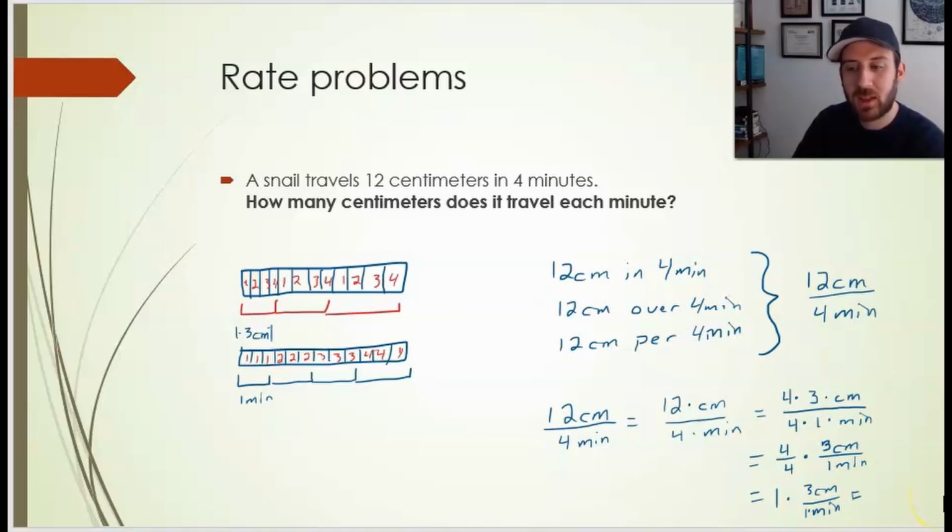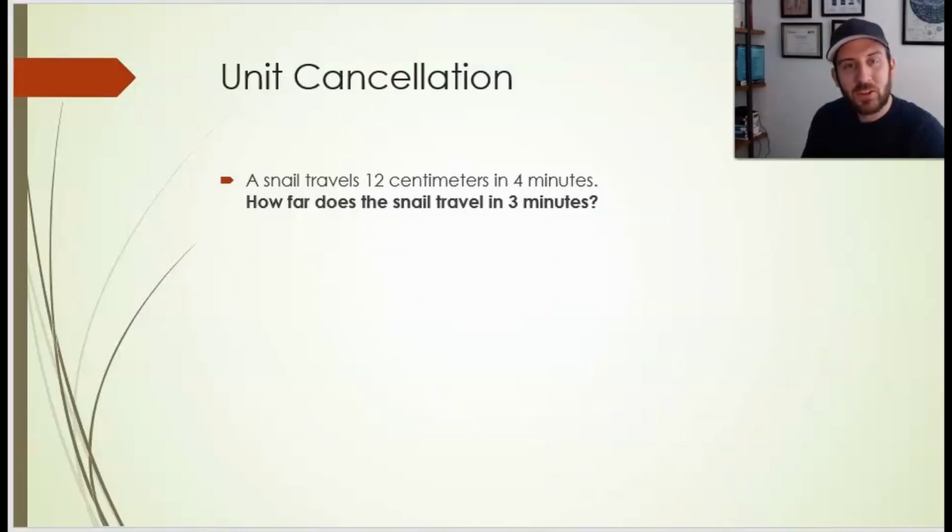So we don't have to write the 1 times, we're left with 3 centimeters. And in the denominator, we can get rid of that 1 times and see that it's just a minute. So 3 centimeters per minute gives us insight that we are traveling 3 centimeters for every 1 minute. Another problem where we get to recognize that just like the numbers, the units can also cancel.